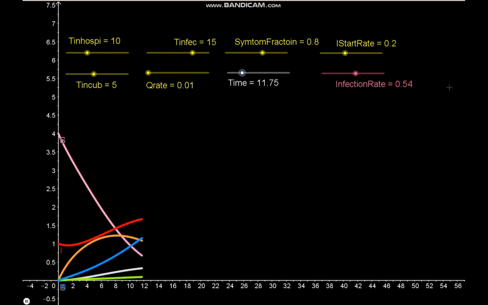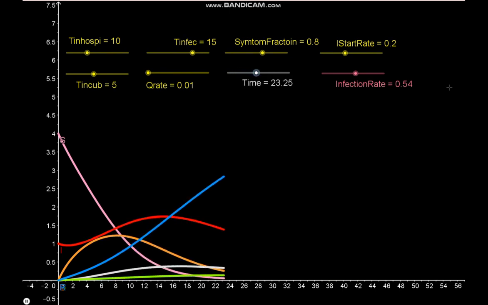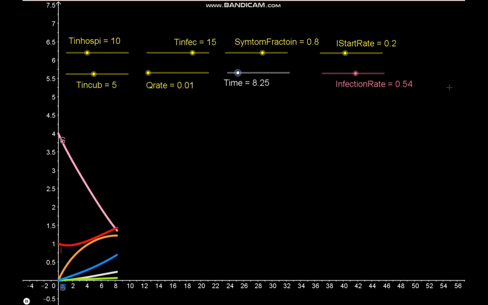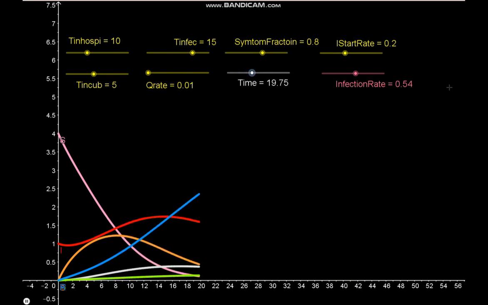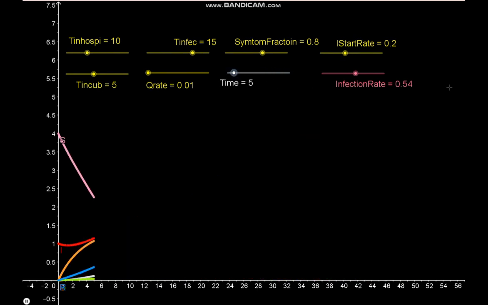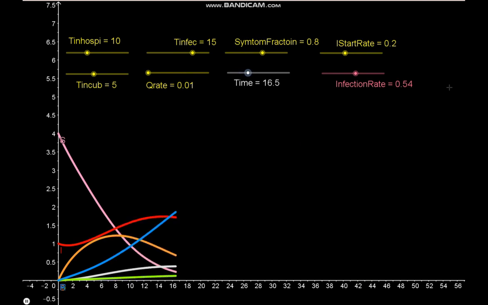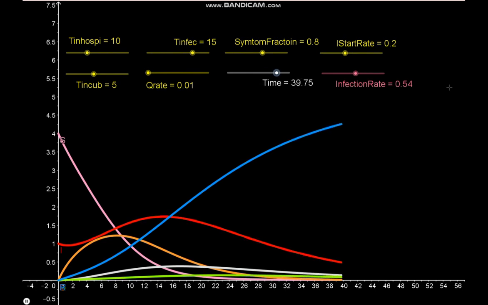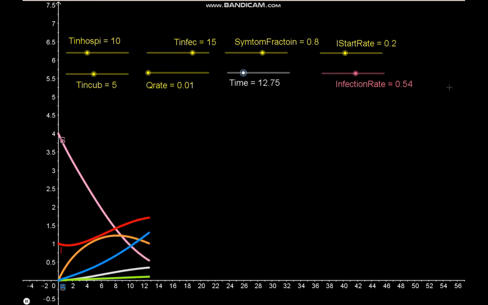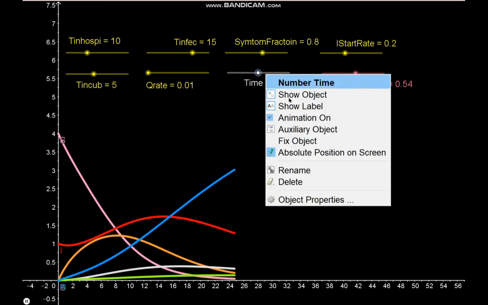This simulation is under the parameter set of 10 days in hospital, 15 days of infection, 80% of symptom fraction, 20% of infection start ratio, 5 days of incubation, 0.01 quarantine rate, and 0.554 infection rate.